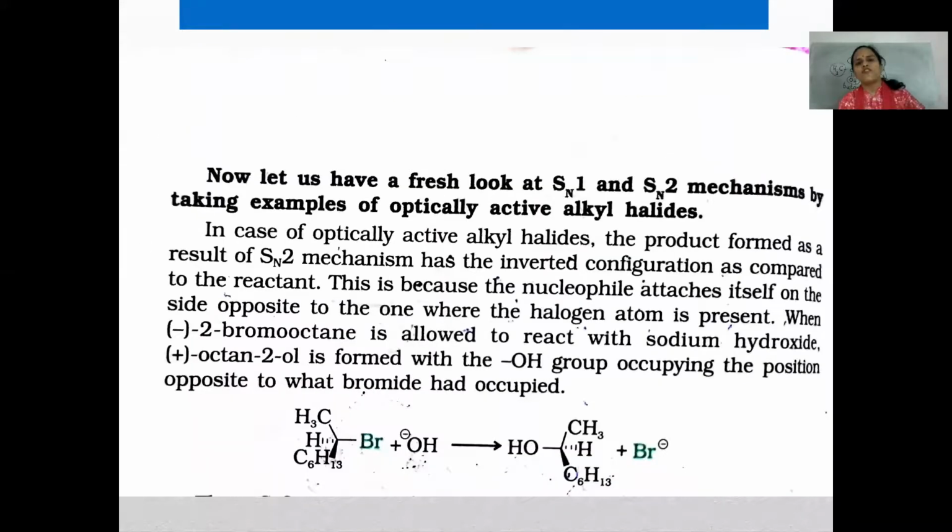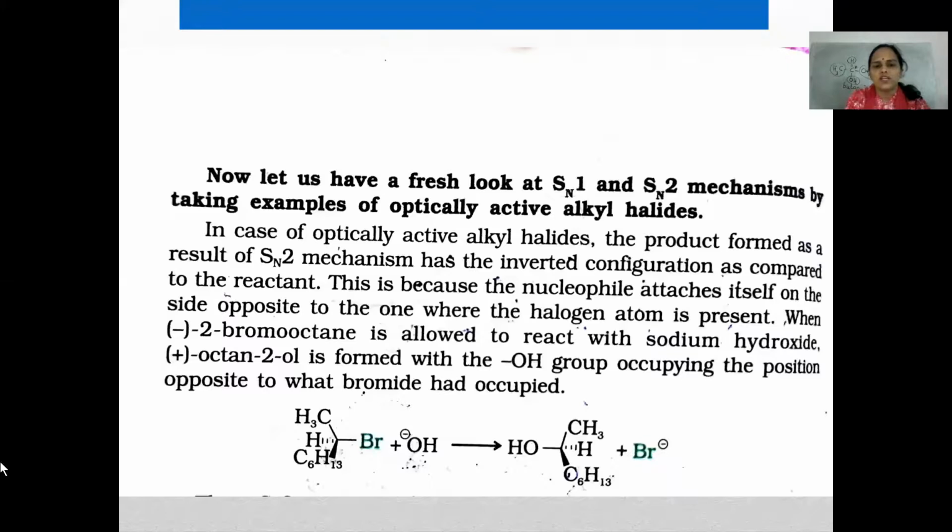Now let us have a fresh look at SN1 and SN2 mechanisms by taking examples of optically active halides. Time and again I have explained that the SN1 mechanism proceeds via the formation of racemic mixtures, and the SN2 mechanism results in inversion of configuration. So why do we get inversion of configuration in the SN2 mechanism?